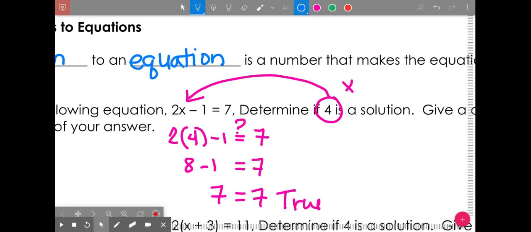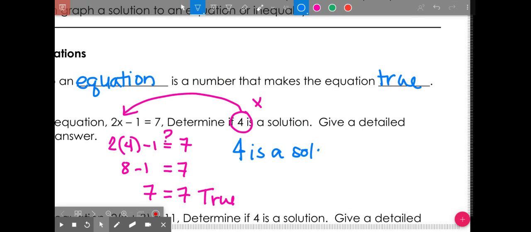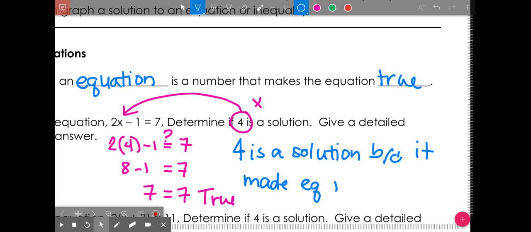So because this is true, we say 4 is a solution because it made my equation true. It's as easy as that. Okay, next one.